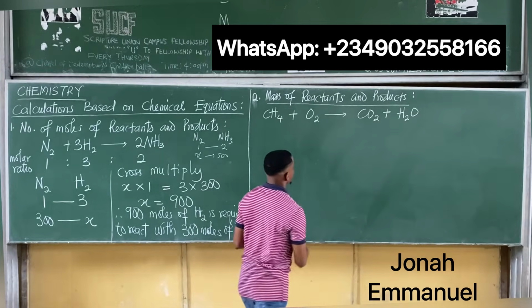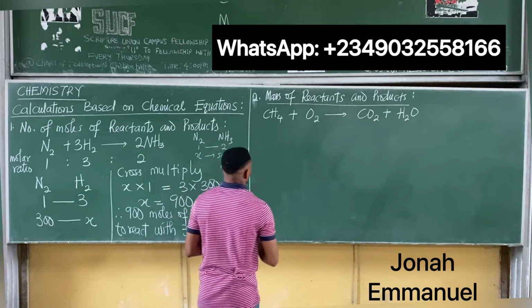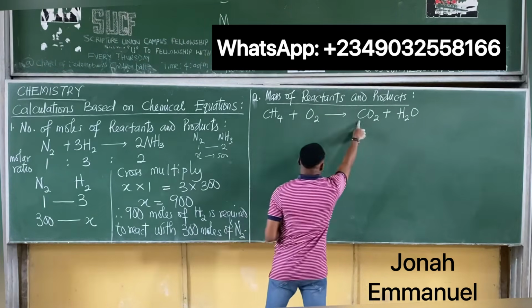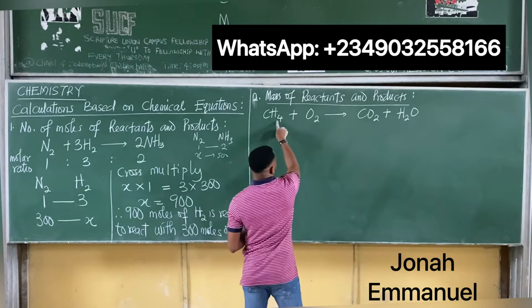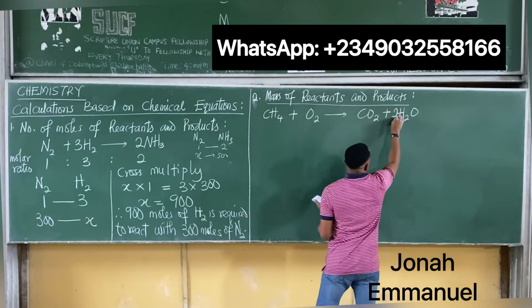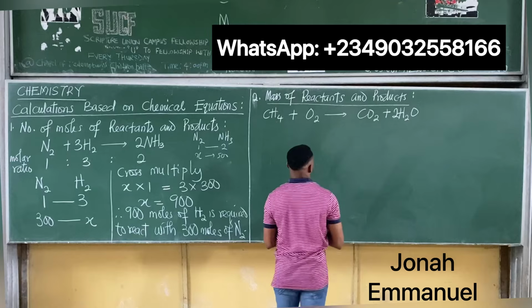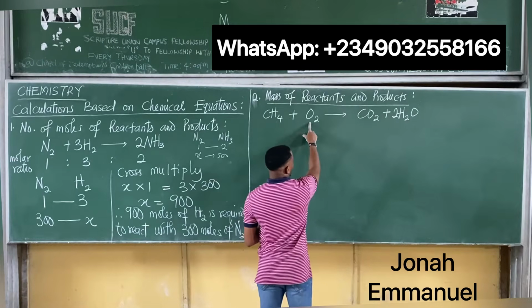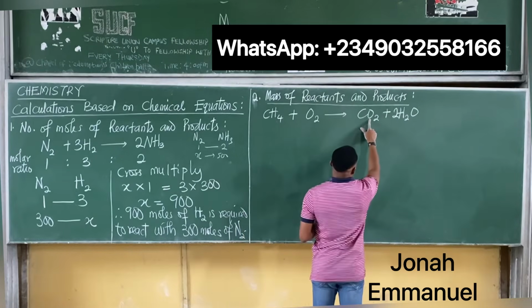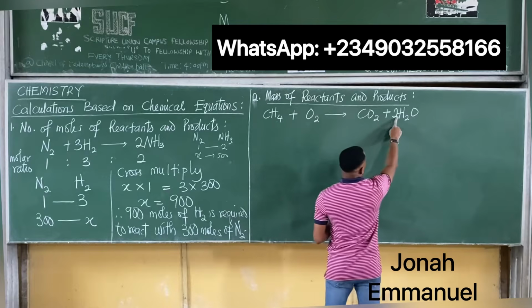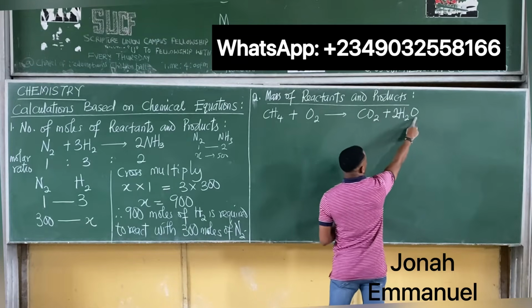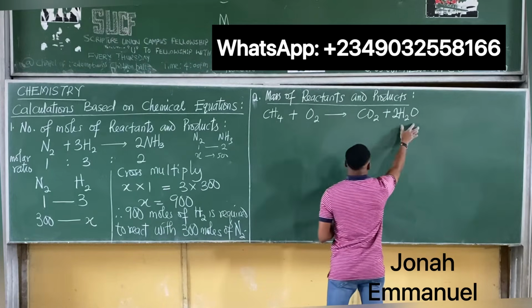Are we still going to balance? Yeah? So carbon 1, balanced. Hydrogen 4, I'll have to add 2 here. 2 and 2, 4, okay? Oxygen 2 here. This is 2 plus 2. This is 2 here, 2 times 1, 2. So 2 here plus 2 here, 4.